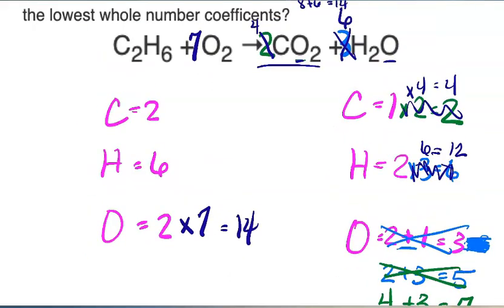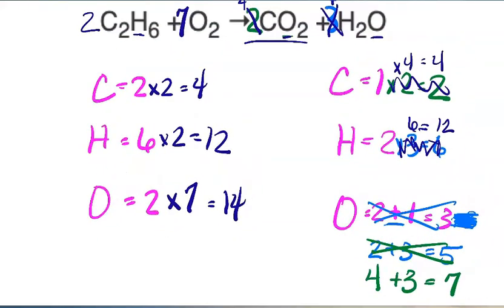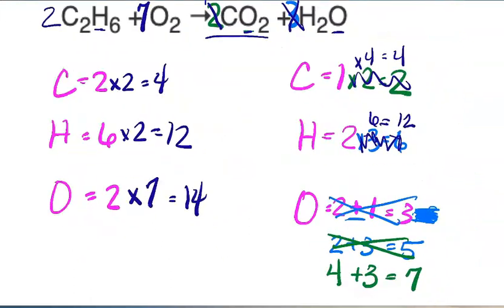So my oxygens are balanced, but that's it. So I want to balance my carbons. If I put a 2 here, 2 times 2 is 4. So that's good. Now we also have to worry about our hydrogens. 6 times 2 is 12. So we have 4 carbons, 12 hydrogens, and we have 14, but I didn't fix that.